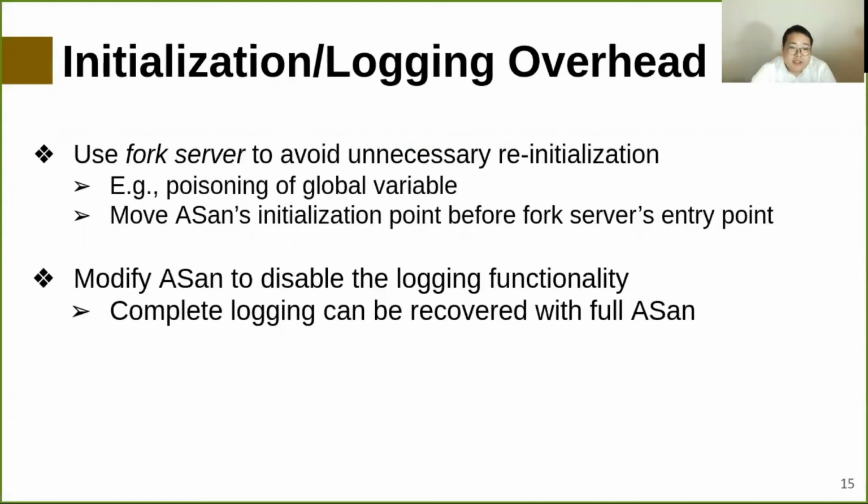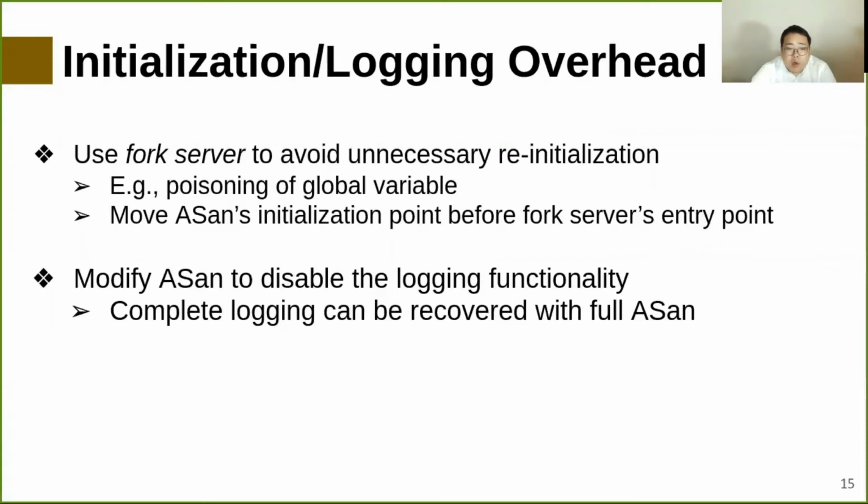To understand this, the fuzzer generally uses a fork server to improve performance. So the fuzzer sets an entry point after most things are initialized. Unfortunately, the fuzzer's fork server remains unaware of Address Sanitizer. So our solution was to move Address Sanitizer's initialization point to before the fork server's entry point.